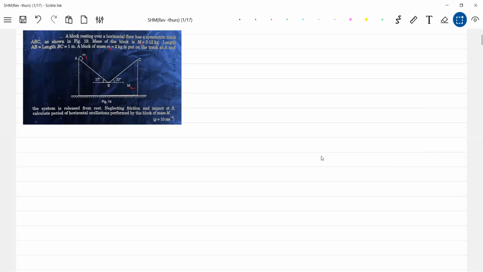Is the wedge M2 in SHM? Will the wedge perform SHM, or will it be really just oscillatory? The question itself may be wrong.